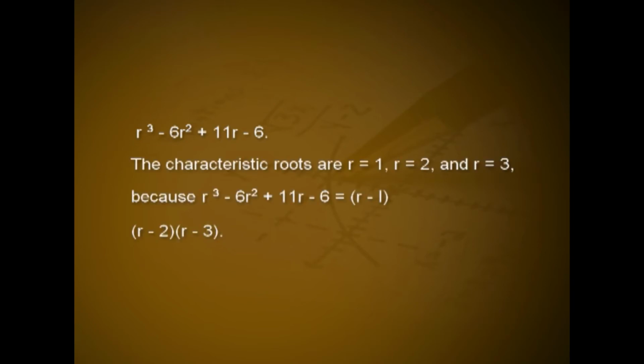The characteristic equation of this recurrence relation is r cube minus 6r square plus 11r minus 6. The characteristic roots are r is equal to 1, r is equal to 2 and r is equal to 3 because r cube minus 6r square plus 11r minus 6 is equal to r minus 1 into r minus 2 into r minus 3.